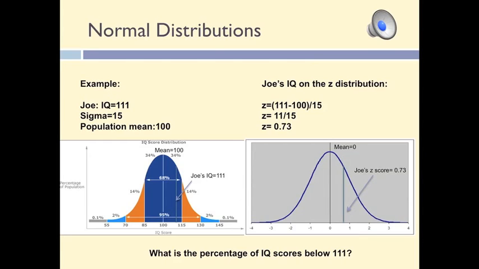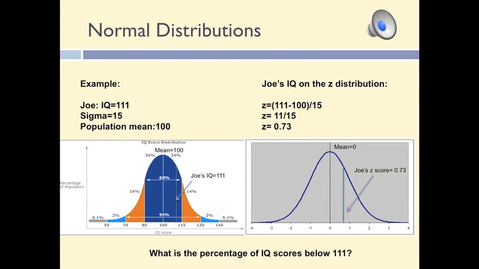If we apply the formula for obtaining z-scores from raw scores, we can see that for an IQ score of 111, we first have to do 111 minus the mean, which is 100, and we obtain a difference of 11 points. Then we divide this difference by the standard deviation, which is 15, and the result is 0.73.